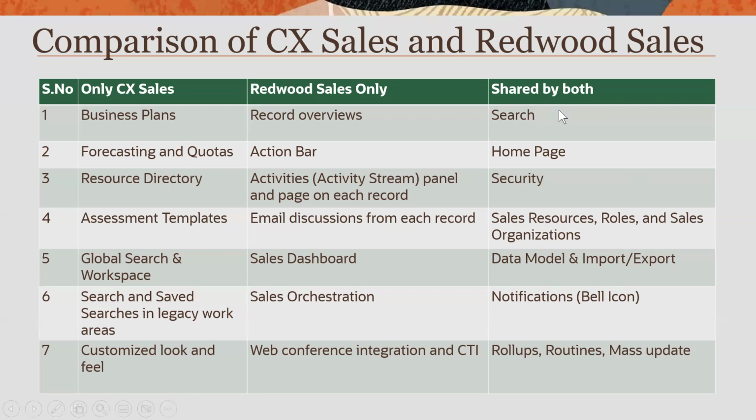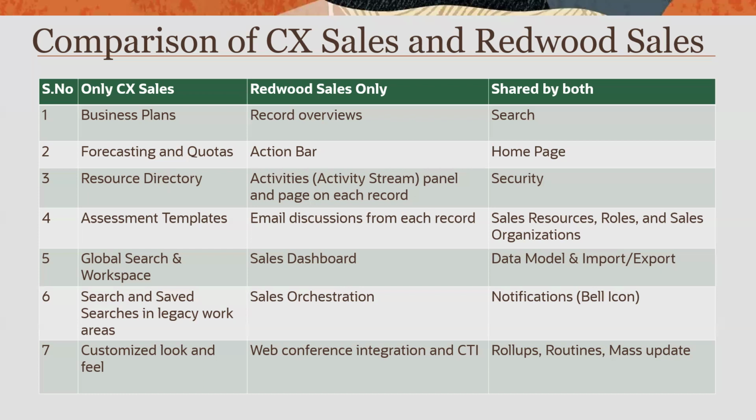And some of the features will be shared by both applications. So that is search, adaptive search. The same setup will be shared by CX Sales and Redwood Sales. Homepage will be the same. Security is the same.